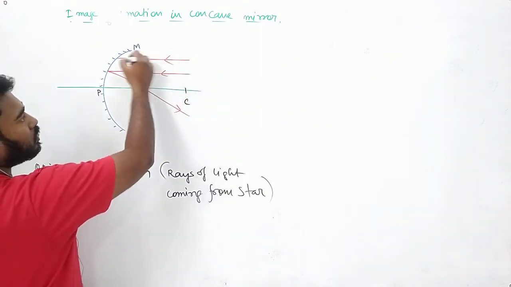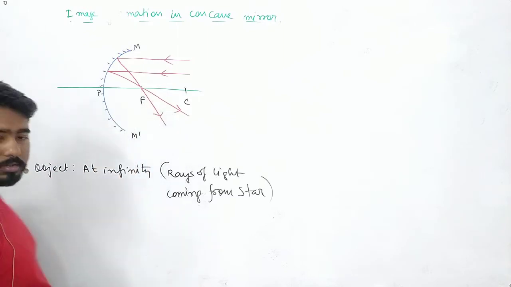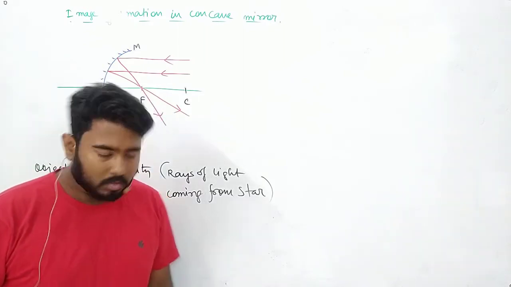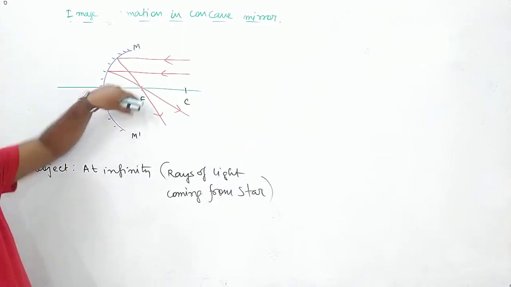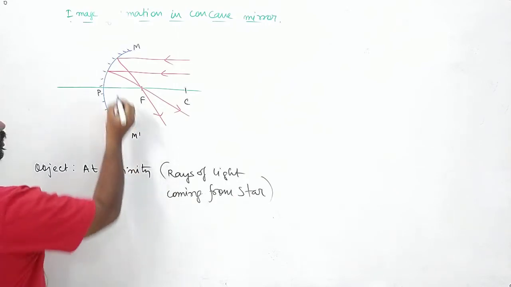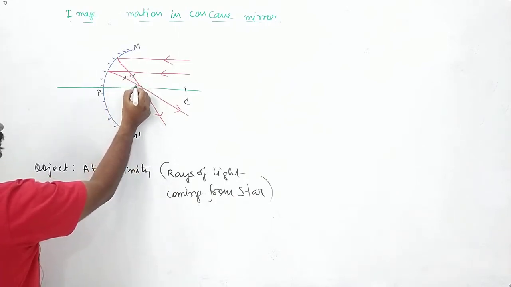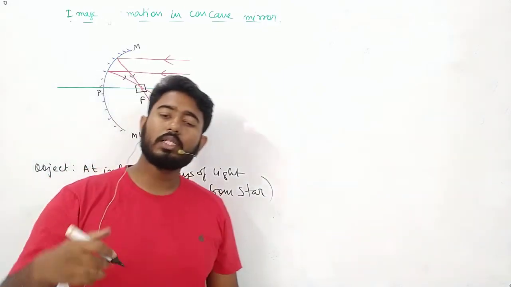If this ray also comes parallel, after reflection it will also pass through the focus. That means, where will the image be formed? Here. Always remember, the image is formed where the two rays actually meet or appear to meet.